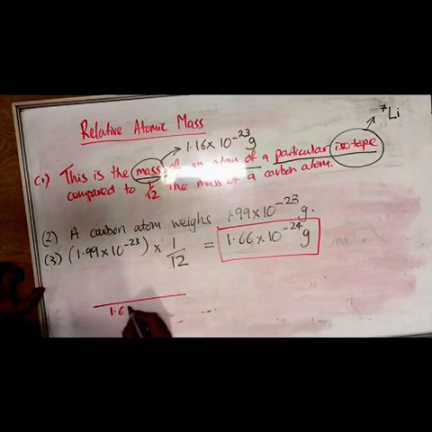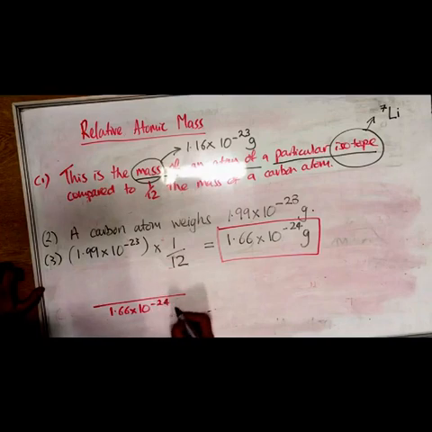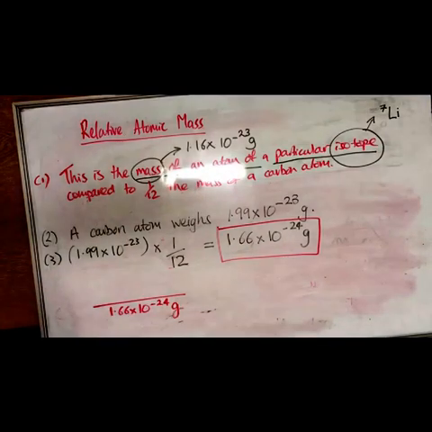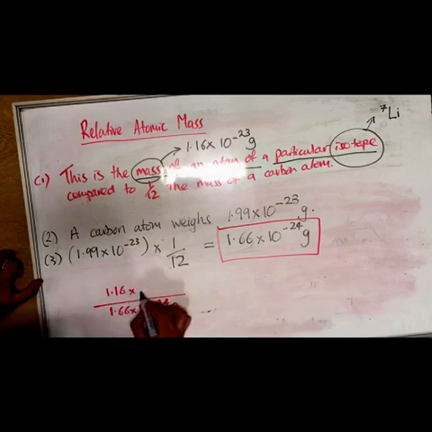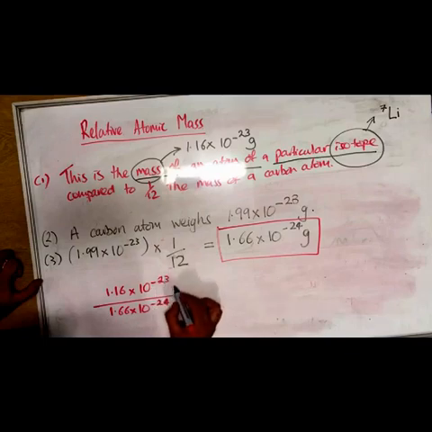Let's put that number at the bottom. What we need to do is compare that to the actual mass of a lithium atom. We know that a lithium atom weighs 1.16 times 10 to the minus 23 grams.